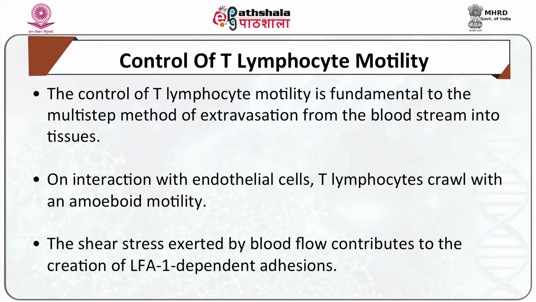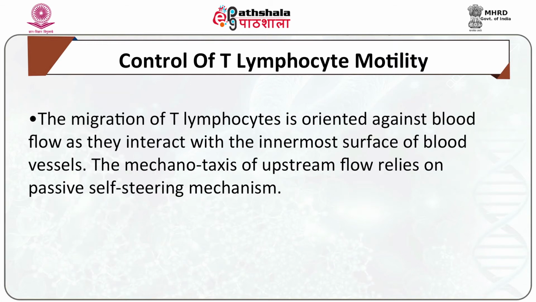The shear stress exerted by blood flow contributes to the creation of LFA1 dependent adhesions. The migration of T lymphocytes is oriented against the blood flow as they interact with the innermost surface of the blood vessels. The mechanotaxis of upstream flow relies heavily on passive self-steering mechanisms.